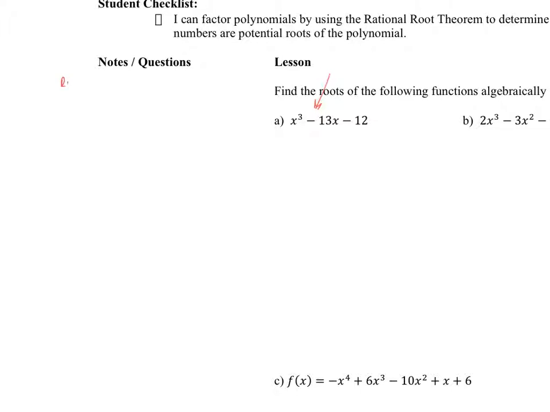What it says is, so that's the rational root theorem. If you have a polynomial of the form, so we've got x to some power, right?